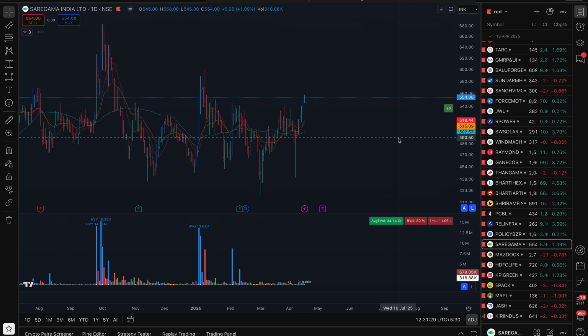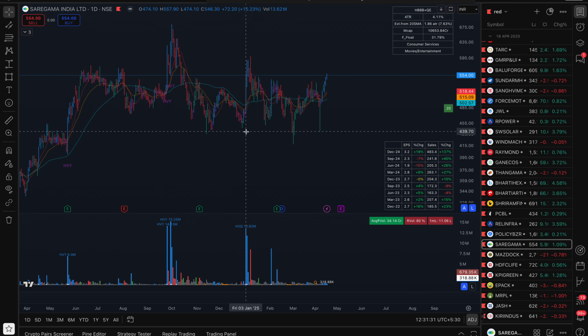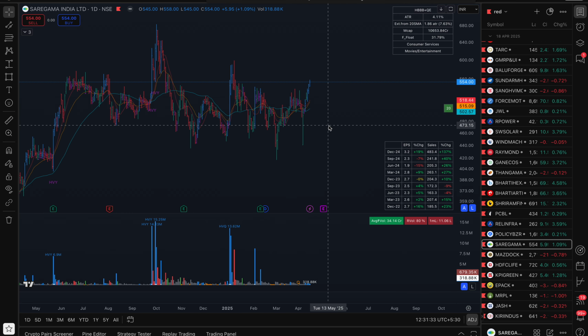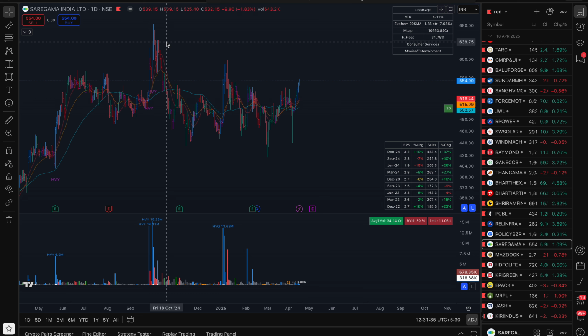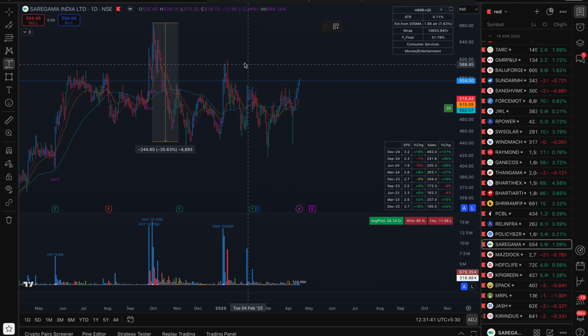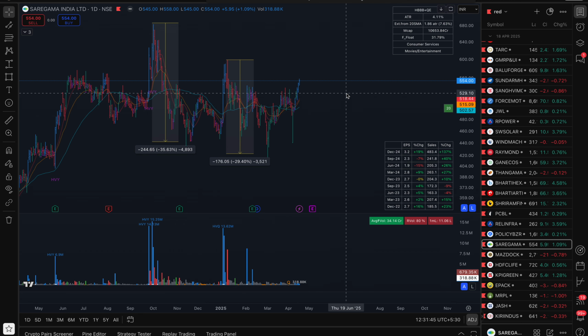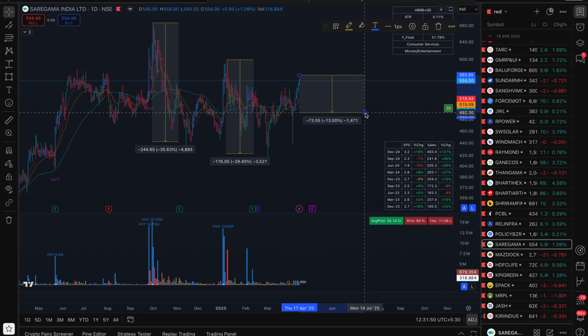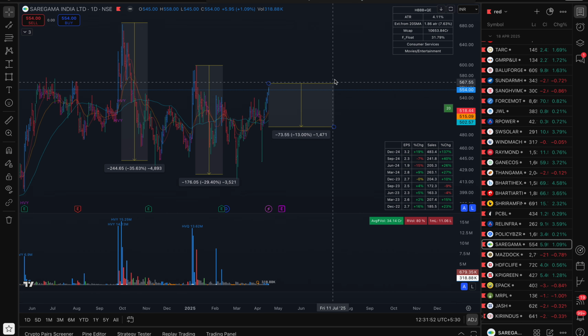Now Saregama looks really ugly here, but one thing I want you to take out from this ugly looking base is that the volatility has been declining. Okay, and this doesn't look like your very clean textbook kind of VCP base, but if the volatility declines further and further, this would soon become a base which is actionable.